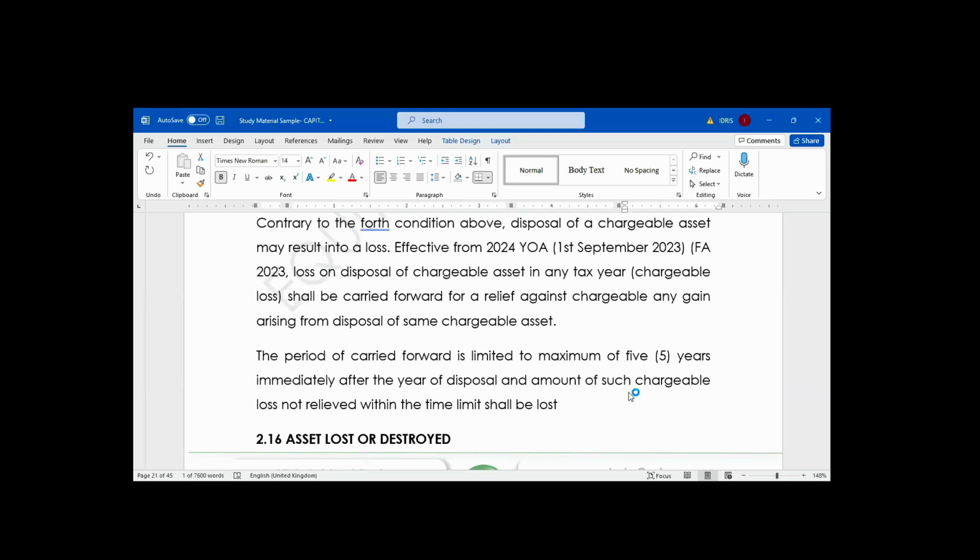It was Finance Act 2023, which commenced in the 2024 year of assessment, that says henceforth if you make a loss, you can relieve capital loss, but for a maximum of 5 years, on the same asset. You cannot relieve it against any other assets. Do you understand?